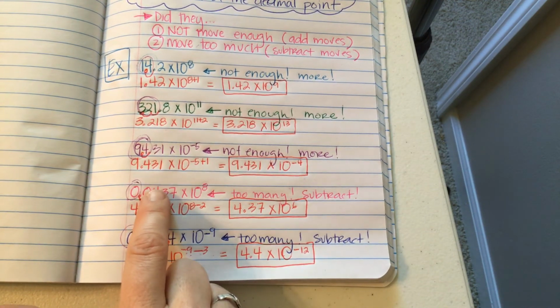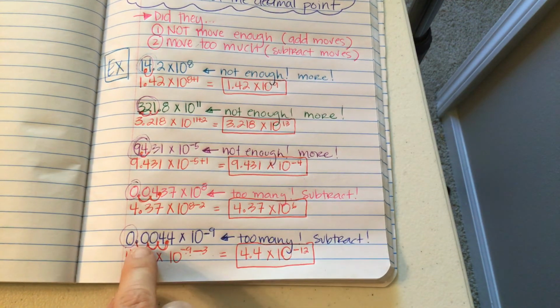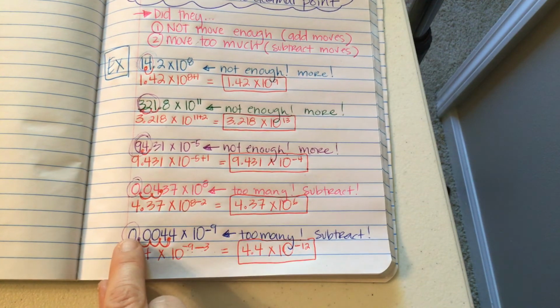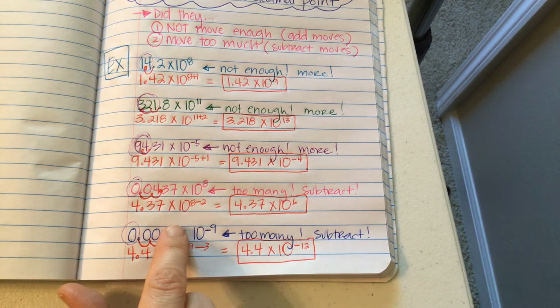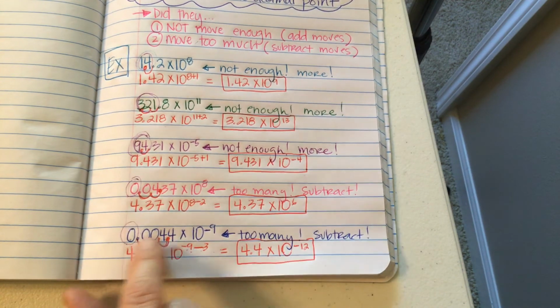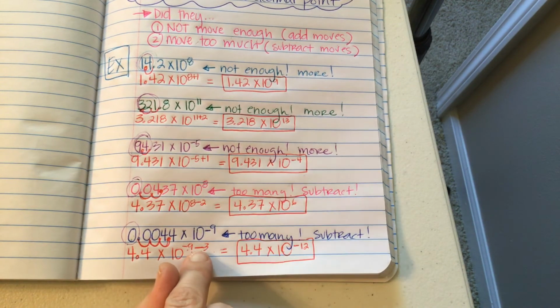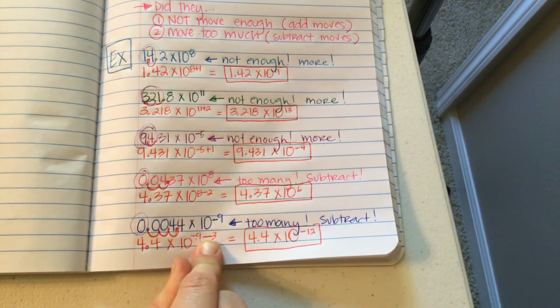Same thing here. I had a 0 digit, which is not allowed. So I had to move backwards until I found a number that was not 0. This one had 3 extra moves, so I had to subtract 3 from my exponent.